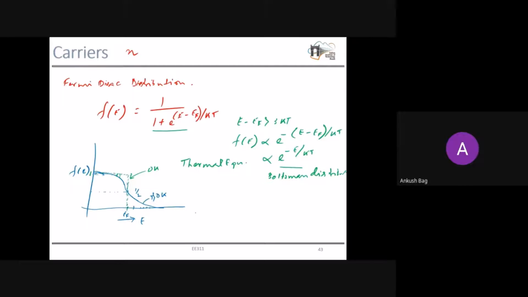Now, let's try to understand another related concept. We have this distribution.